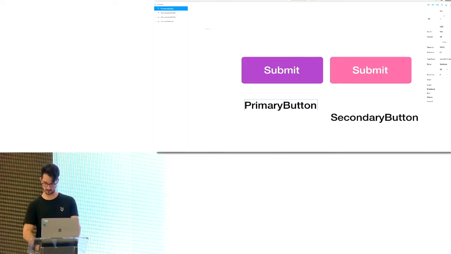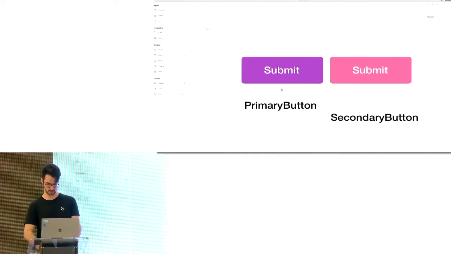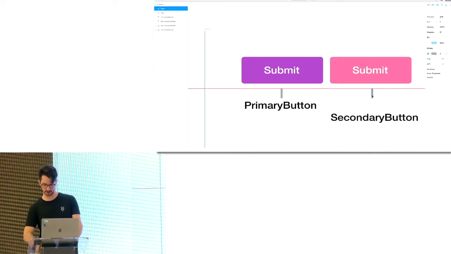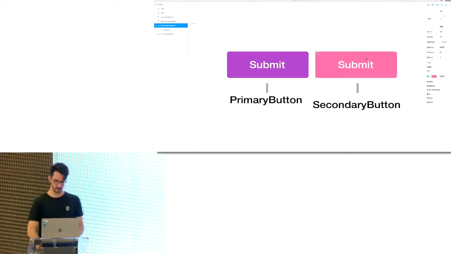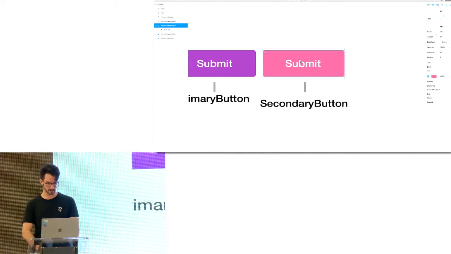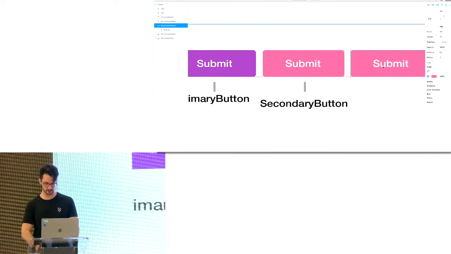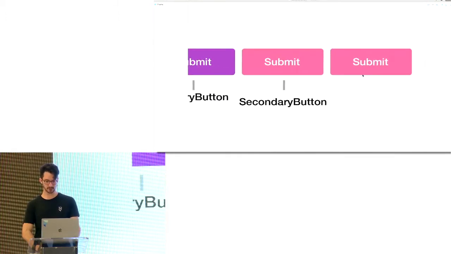I hope this makes it a bit more clear on the screen. OK, and then I'm going to add a third one. And it's going to become really clear why I'm doing this in a minute. We're going to change it up a bit.